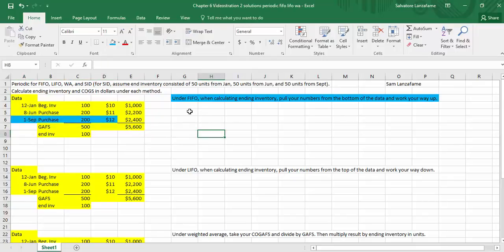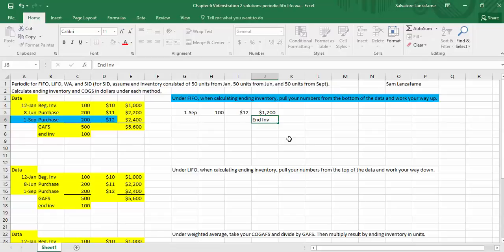So to do this calculation, from the September 1st purchase, we're going to take the 100 units at the $12 and multiply these two numbers with each other, and we will get $1,200. That is the value of the ending inventory. We just calculated it. That's it. That's all there was to it.